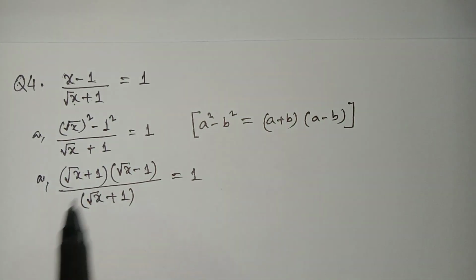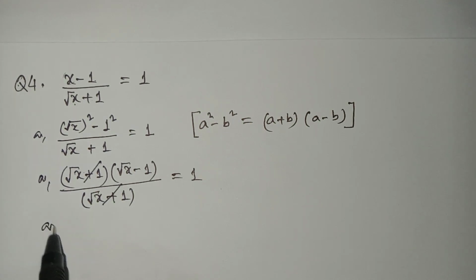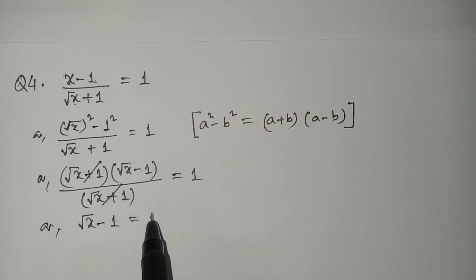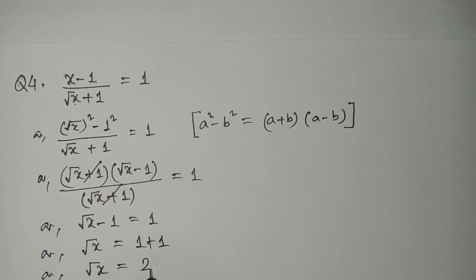So this thing and this thing are same, so we can cancel out this term. Now I have root under x minus 1 equal to 1, or I have root under x equal to 1 plus 1, or I have root under x equal to 2.